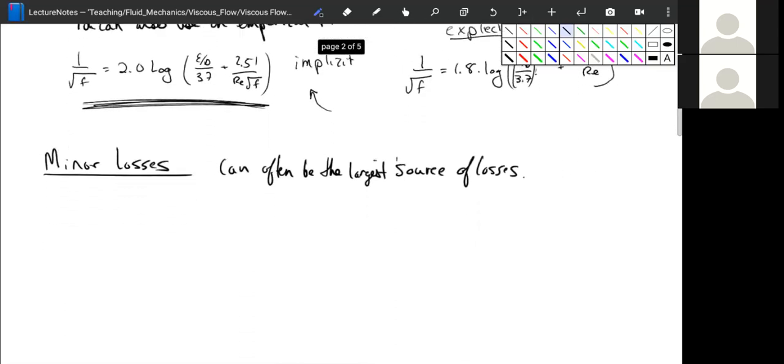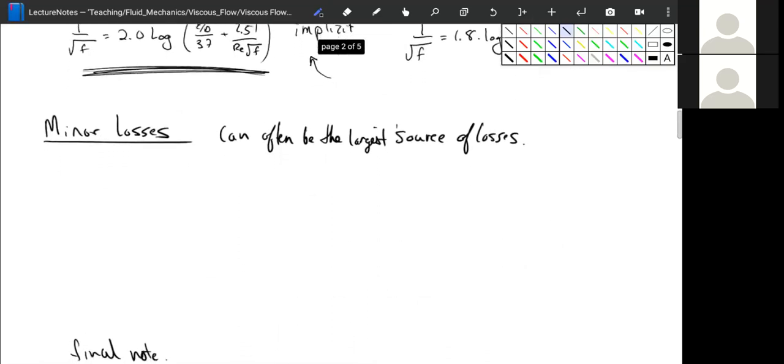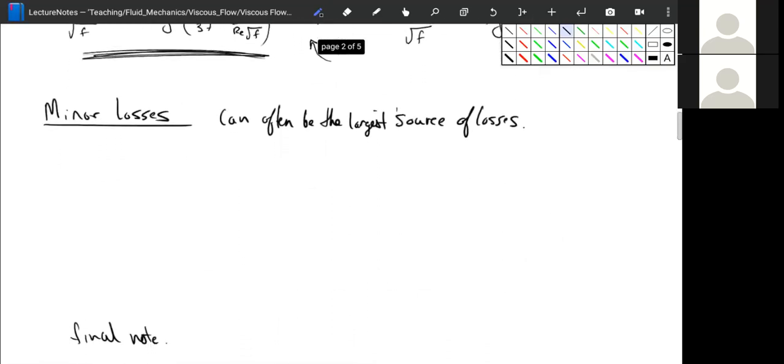For minor losses, like I said, these can often be the largest source of losses in a system.